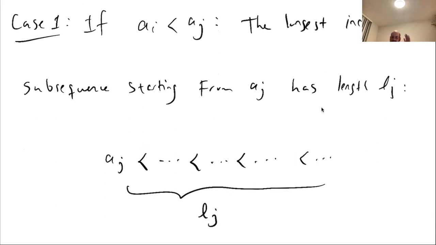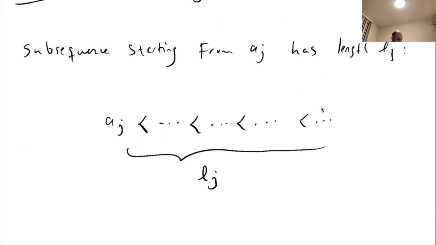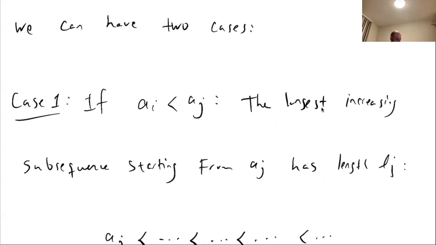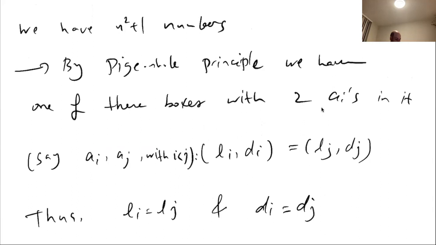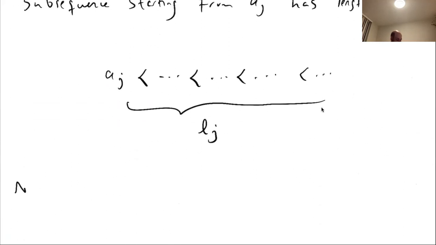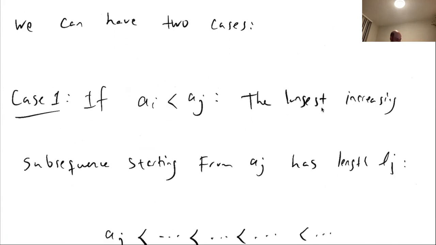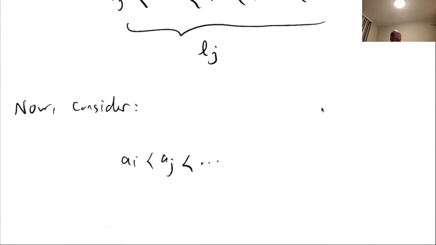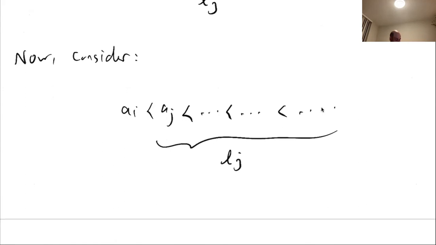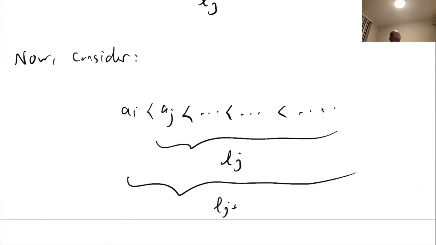LJ is the length of the longest increasing subsequence starting from AJ. Now, what about if I consider AI? Remember, the index I is before J. So now consider AI, which is less than AJ. Remember, that's my assumption in case 1. And this is less than... So we said that this has length LJ. So this will have length LJ plus 1.